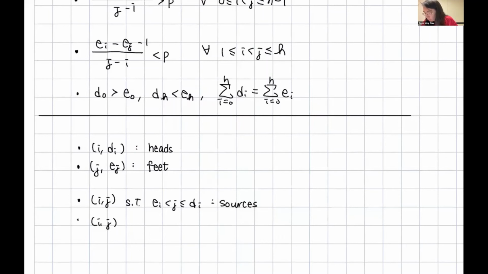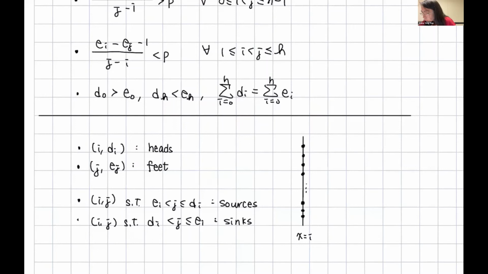The i, j such that Di is less than j less than Ei are called the sinks. So what is going on here? I usually just remember it like this. You have a straight line on the x equals i, and then you have all these points that you plot according to the D that you're choosing.